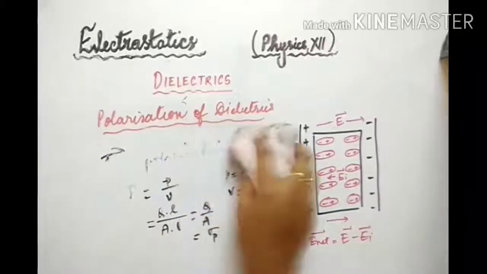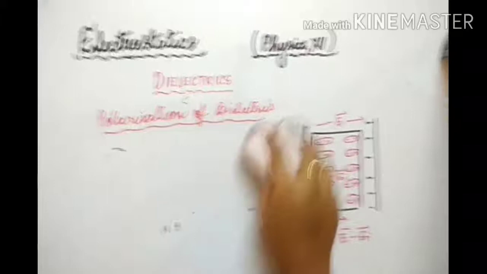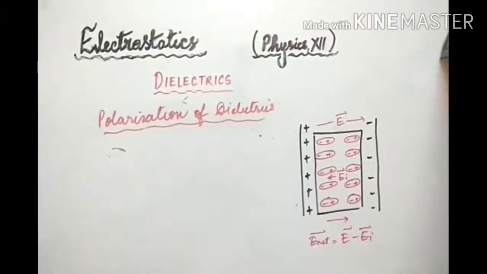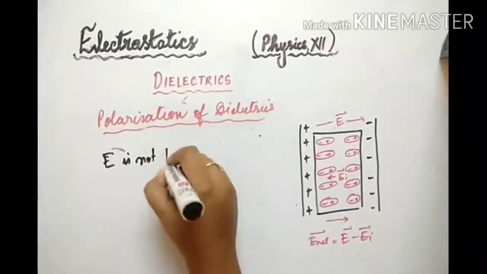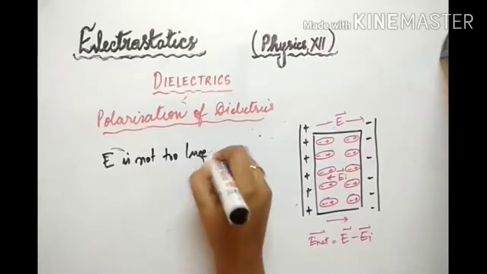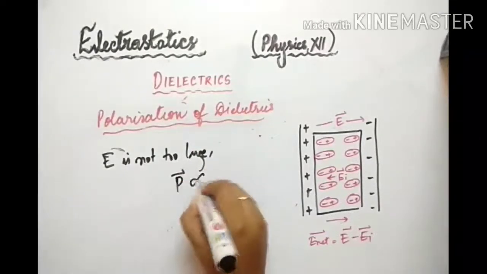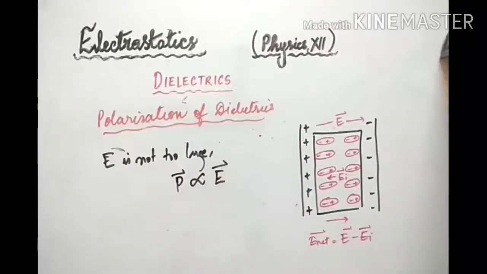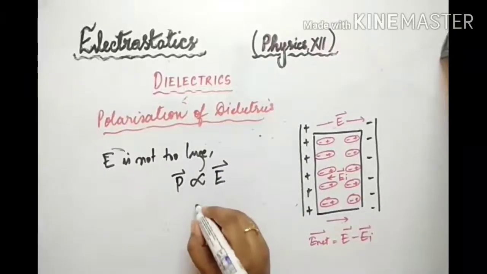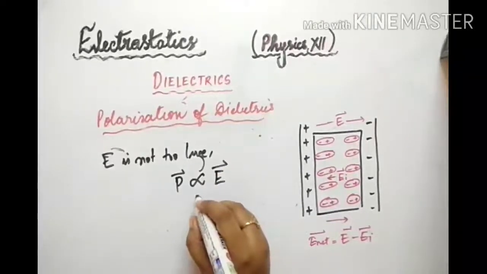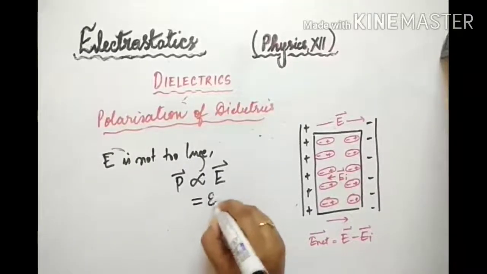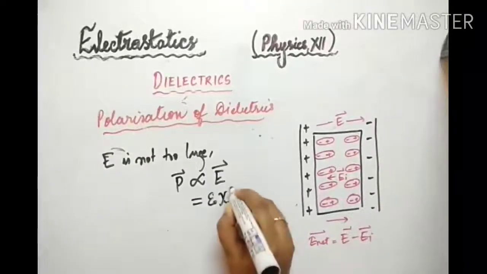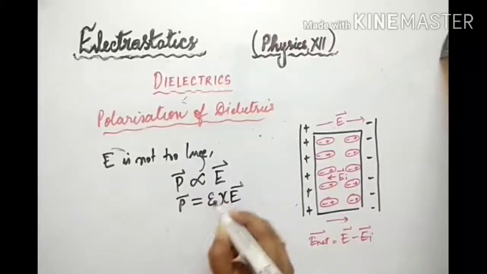Now another thing: if your electric field is not too large, then P is proportional to the electric field, and we get a term like this when we remove the proportionality sign.